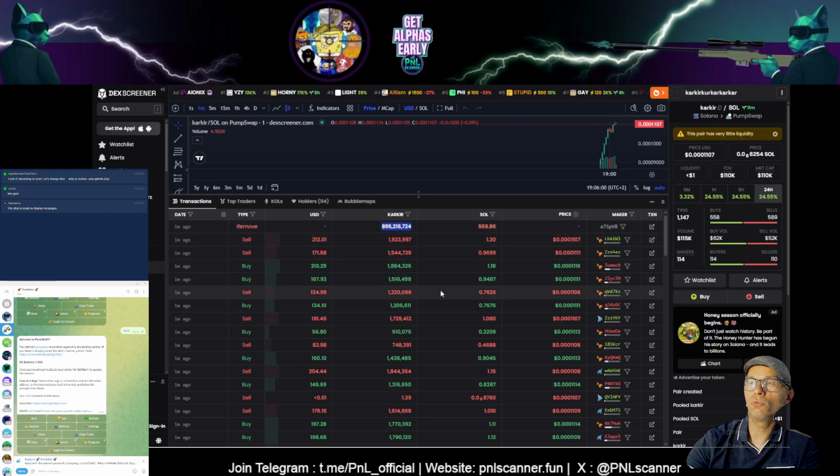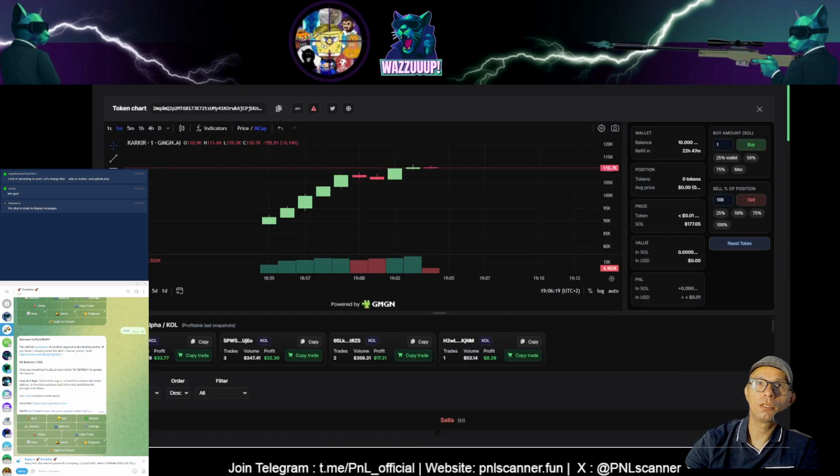They just removed all liquidity, right? And that is something that you see a lot lately. These ruggers, instead of selling off, they're removing the entire liquidity. So there was liquidity in here, and now the liquidity is $1 or less than $1, which means that all these guys that were in with 200, 347, 359, all of them just lost their money because they cannot sell anymore. The liquidity is $1.